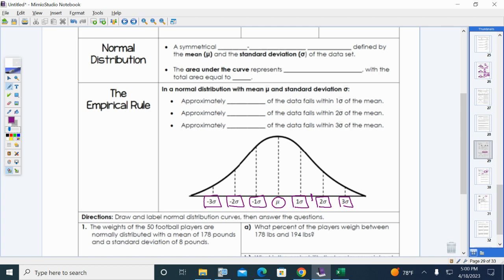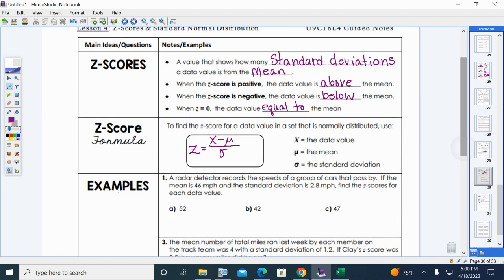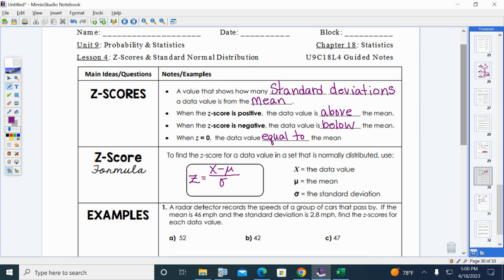When that z-score is positive, that means that whatever that data point is was above or to the right of your mean. If the z-score is negative, then that means that your data point is below or to the left of the mean. So hopefully this makes a little more sense what those bullets mean.